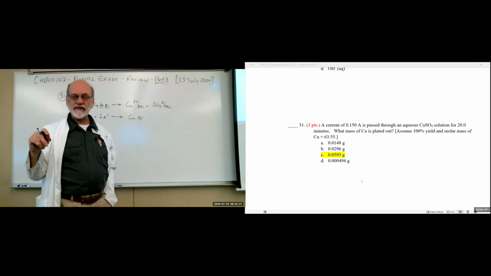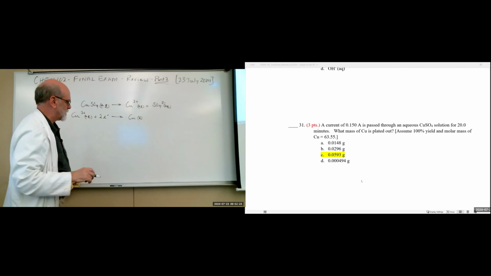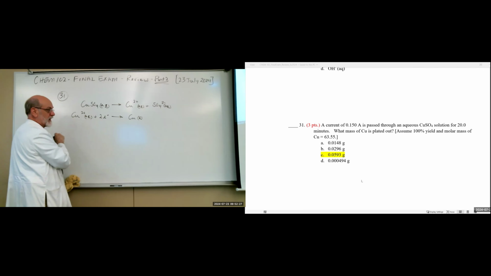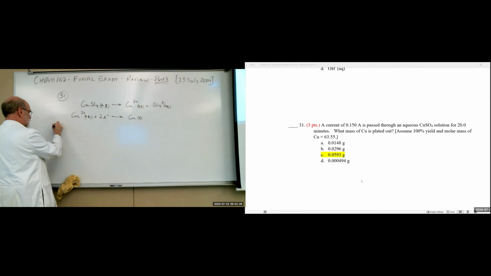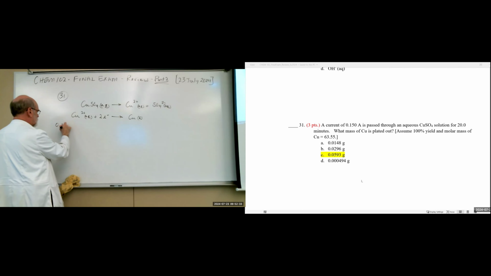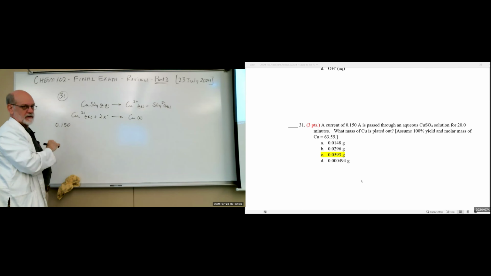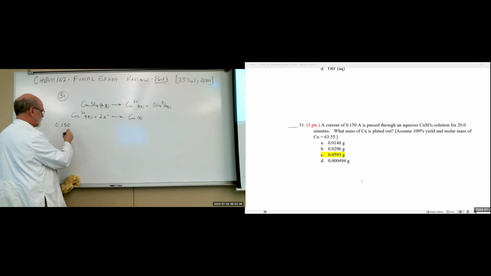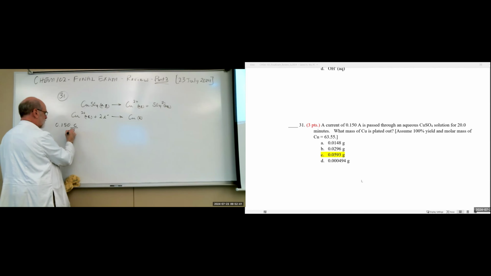So if we pass a current of 0.15 amps through this solution, we're providing it with those electrons. So 0.15 amps. What's an amp? It's a coulomb per second.